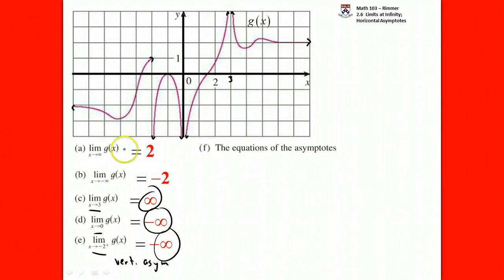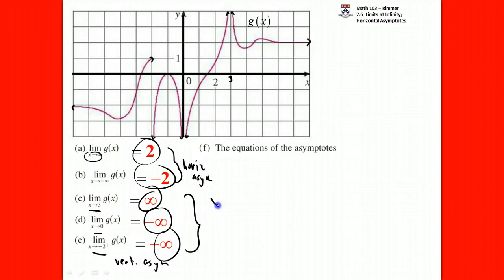Anytime x is going to infinity and you get a number, these guys end up as horizontal asymptotes. A vertical line has equation x equals. So here we get x equals 3, x equals 0, and x equals negative 2. Horizontal lines have equation y equals. We'll get y equals 2 and y equals negative 2. These are the equations of the asymptotes.